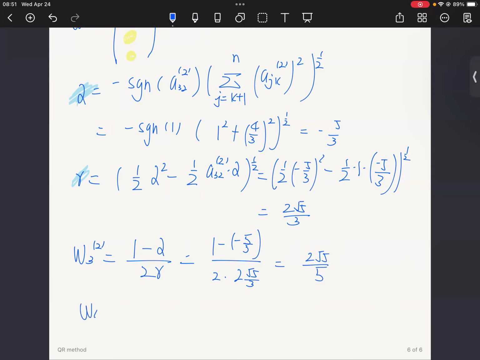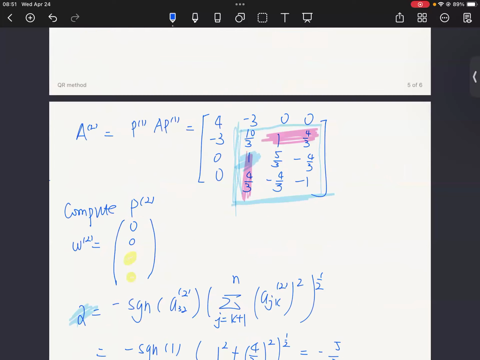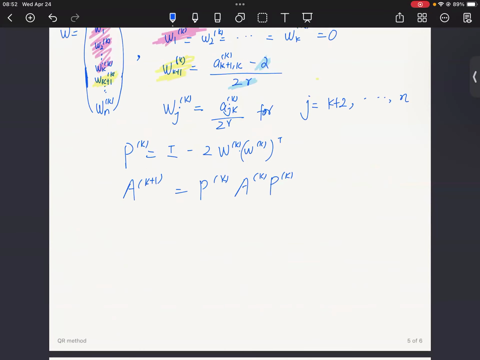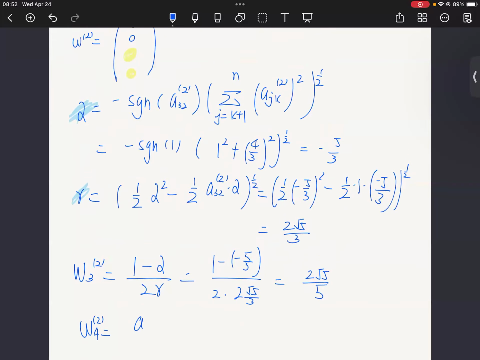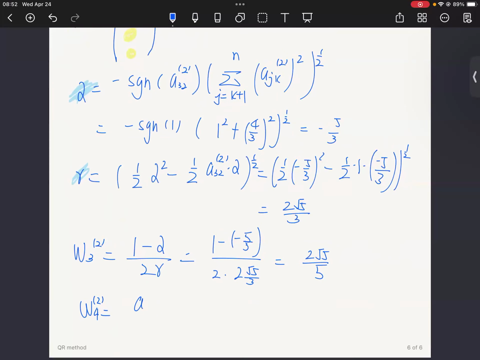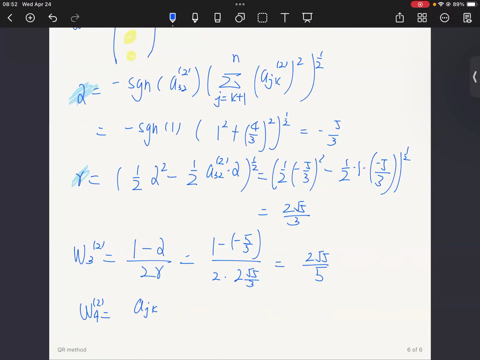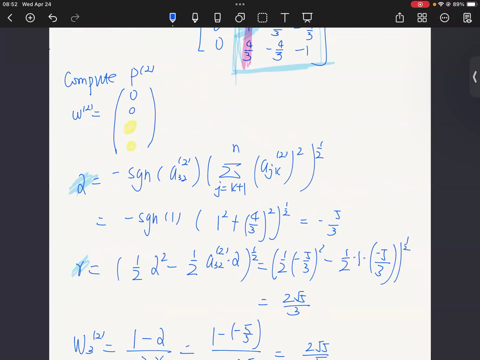And what is W4? W4 is another formula. It should be A_JK divided by 2R. What is the A_JK here? It's just this column here.